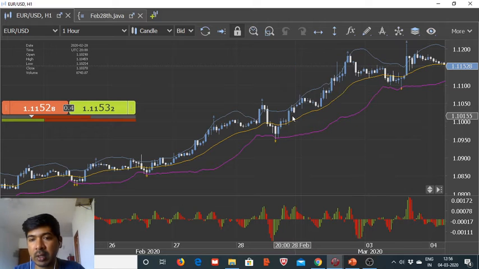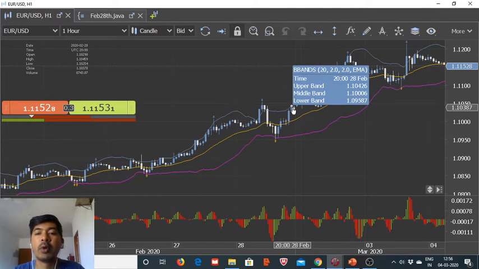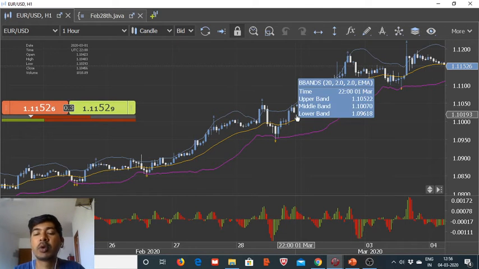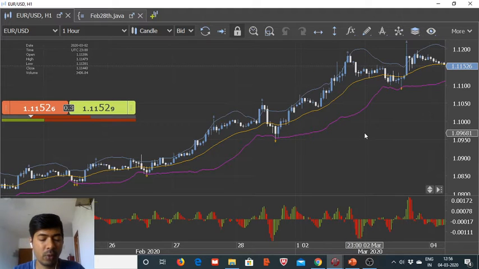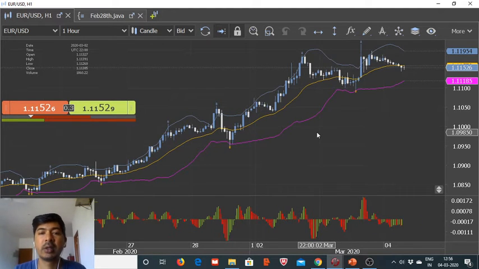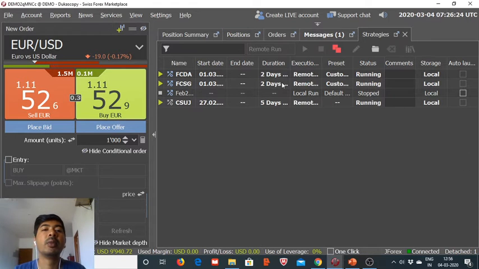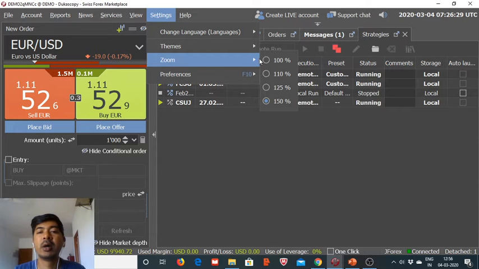And I think that order, even if it was going to be placed, won't be executed, but still that's how our algorithm will function.